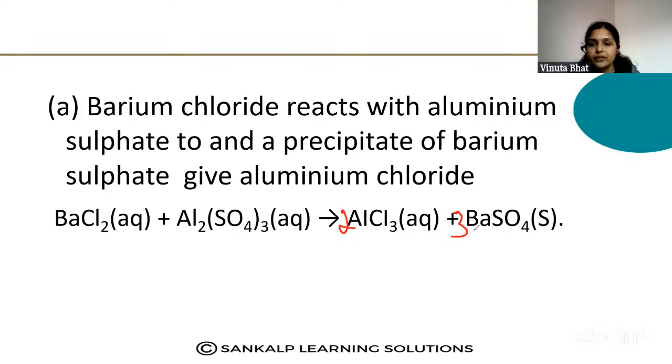Yes, now sulfate is balanced, oxygen is also balanced, but barium is not balanced here. I will add 3 barium, okay? 3 barium chloride, then here also 3 barium. But see the chlorine here, 3 twos are 6 chlorine, here also 6 chlorine.